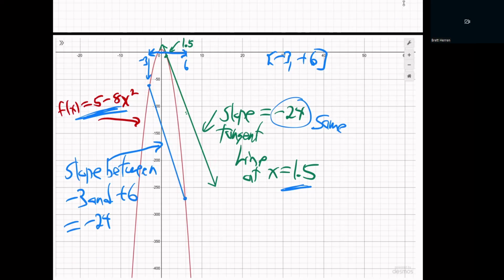There will be some point between your starting point of negative 3 and your ending point of positive 6 where the tangent line has the same slope. And we found that point. And so there we go.